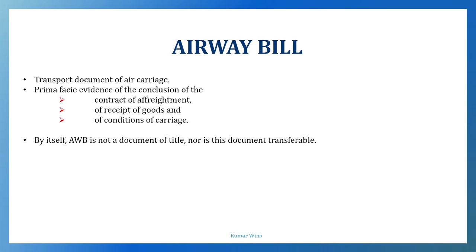By itself, AWB is not a document of title nor is the document transferable. But AWB or airway bill can be made into a transferable document and by which it can be transferred to a third party by endorsement like the BL.